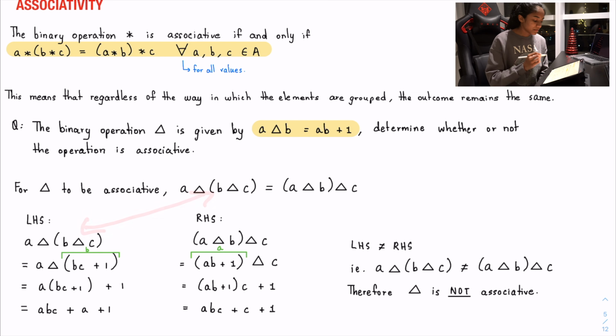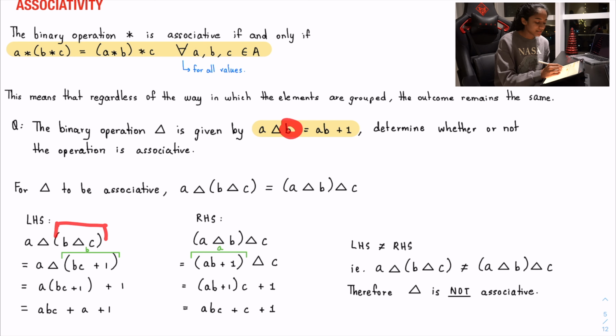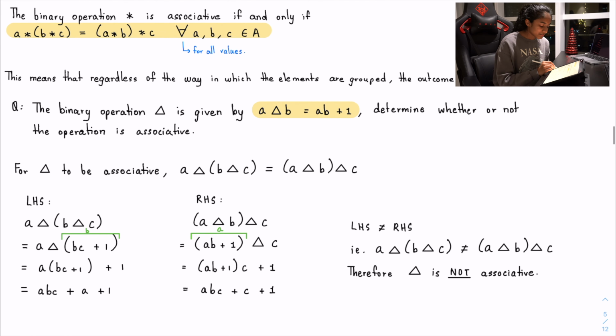Okay? But to do this, we have to start with one side at a time, and we're going to start with the brackets first. Right? So we're going to treat B triangle C as B in the operation and do a simple substitution to then get the final. Of course we have to simplify, you guys know how to do that, and then get ABC plus A plus 1.